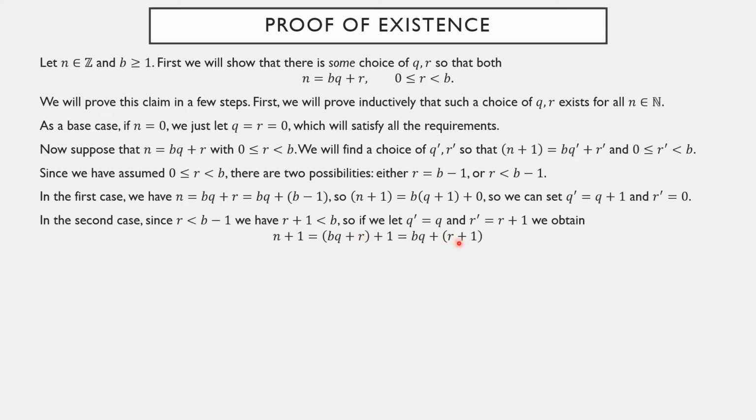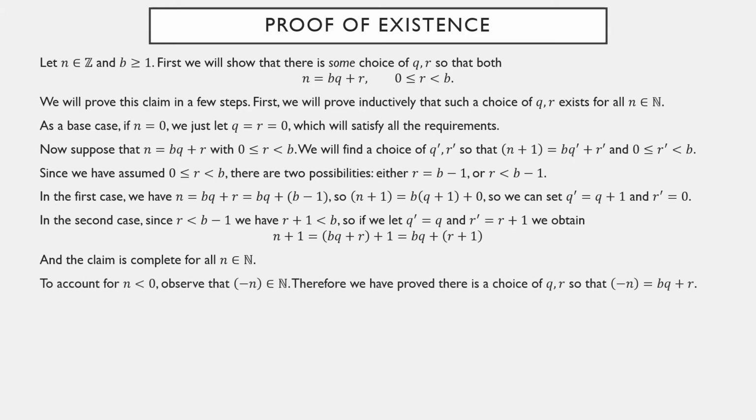But since r plus 1 is still smaller than b, r plus 1 is an acceptable remainder, and I have n plus 1 is b times something plus an acceptable remainder. So whenever it's possible to write n in the desired way, it's also possible to write n plus 1 in the desired way. Okay. It's also possible to write 0 in the desired way, so inductively we've shown that every natural number can be written in the desired way.